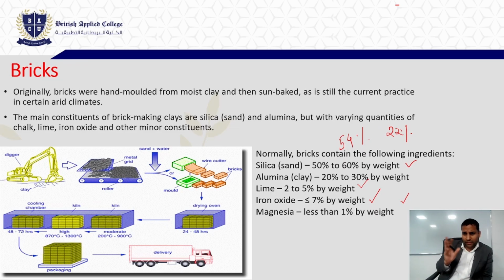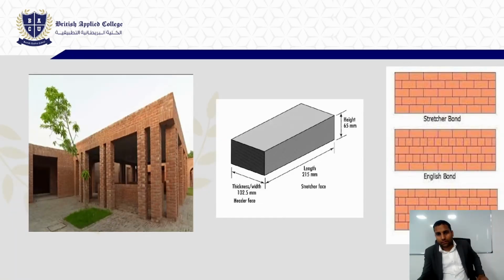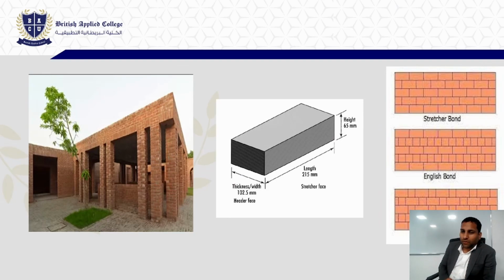That's why I have given you the range; it will lie somewhere in between. That is the basic idea. One more thing is that the maximum content is silica. So if they ask you which material is present mostly in a brick, it is silica or sand.